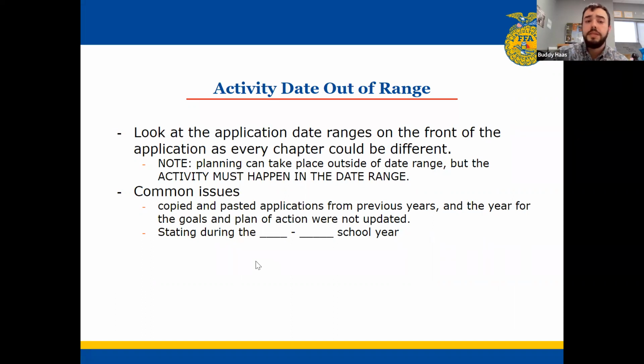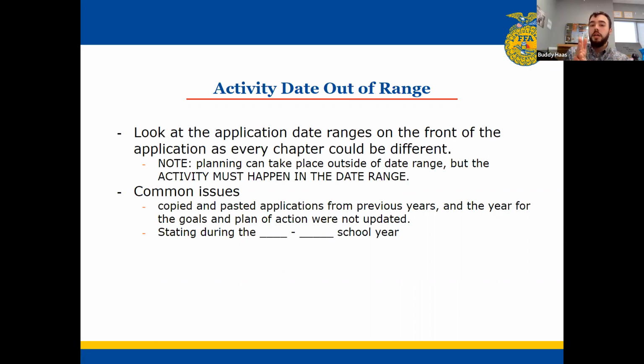And then sometimes it could be an interesting deal. You might see someone say like their activity is taking place during the 2021-22 school year, but their activity dates on their activity are January 1 to December 31st. Well, the calendar date for the school year of 21-22 is August to June.